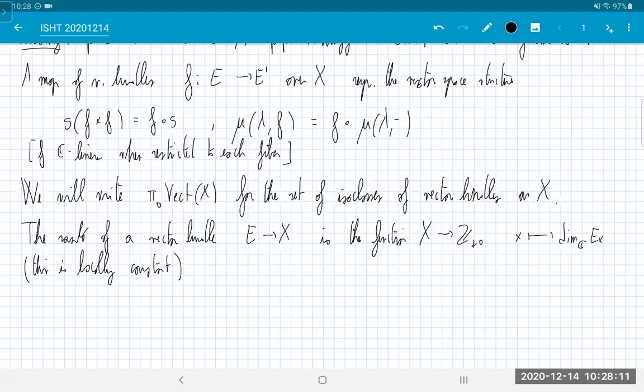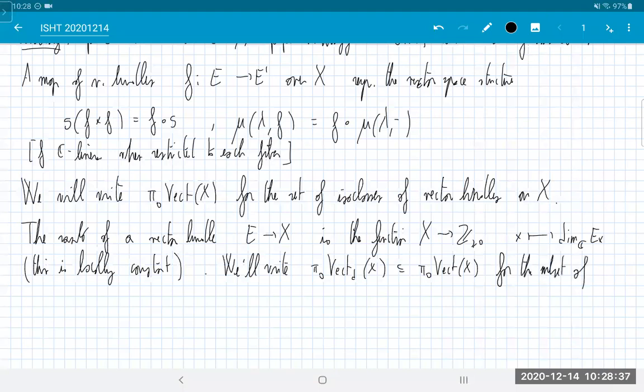So in fact, I will care only about vector bundles of constant rank, but just to be clear, we write π_0 Vect_d(X) for the subset of vector bundles of rank d.